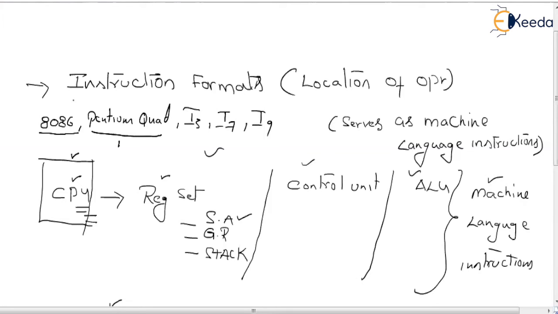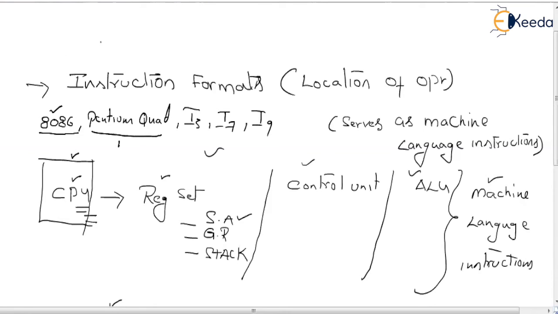Every time a designer designs a processor, which is a blend of register set, control unit, and ALU, this designer should also embed some machine language instructions that are needed to be supported by the system. So when a high-level language program is executed in 8086, that program will be converted into corresponding low-level language instructions in 8086.